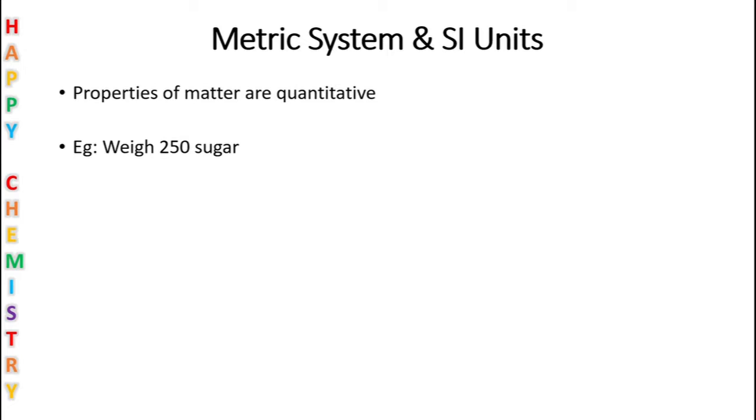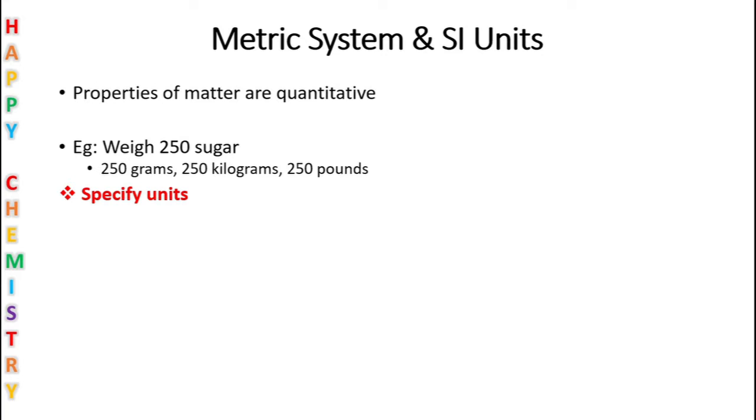No, you cannot, because you don't know if it is 250 grams, 250 kilograms, or 250 pounds that you need to measure. Therefore, for the numbers to be meaningful, the units of the measurement must be specified.